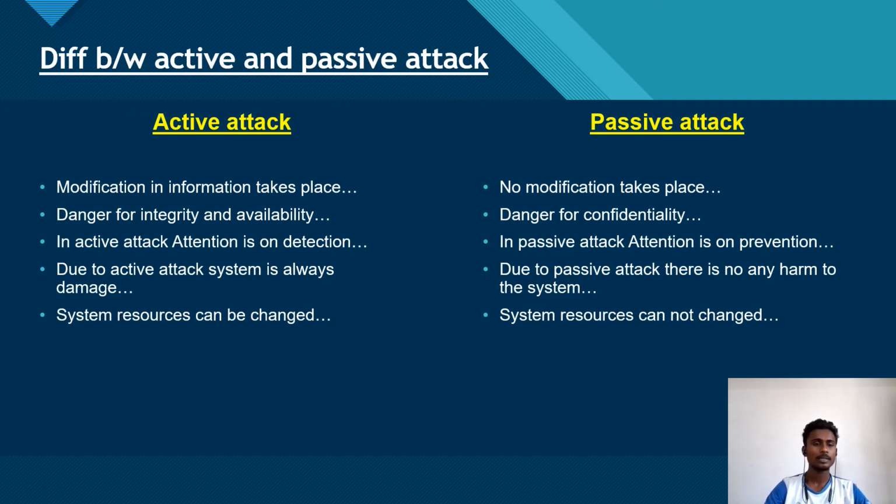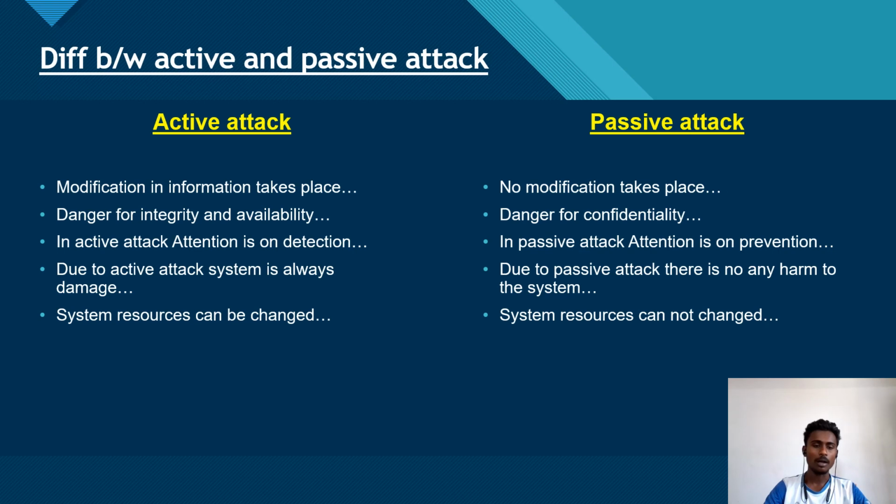Let's see the difference between an active attack and a passive attack. In an active attack, modification of information takes place, whereas in a passive attack no modification takes place. An active attack is a danger to integrity and availability, whereas a passive attack is a danger to confidentiality. In an active attack the attention is on detection, whereas in a passive attack the attention is on prevention.